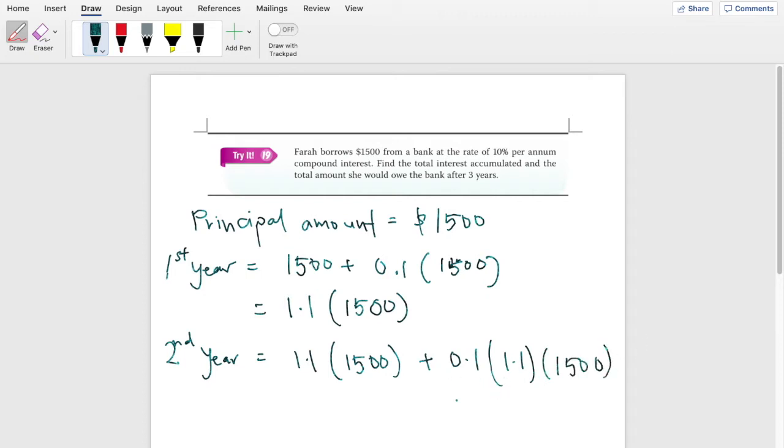This is the amount she owed the first year, let's bring it down here. So this is what she owed at the end of the second year.